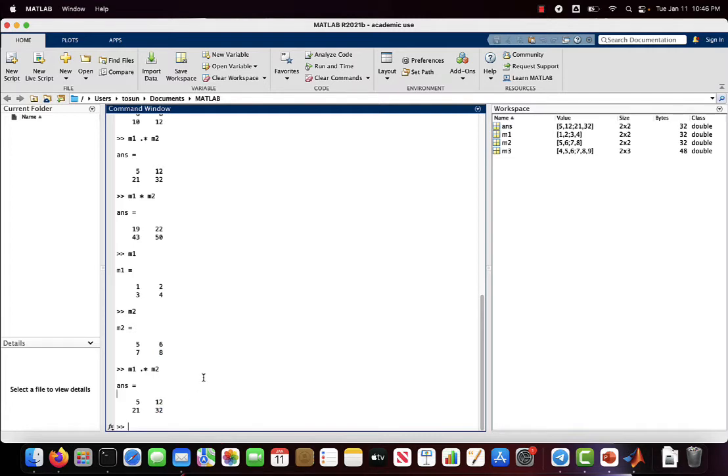And in the same way, we can do an element-wise division. Let's say M2 dot slash M1.